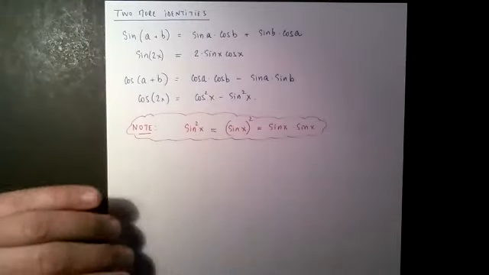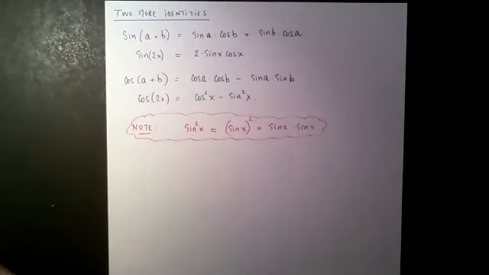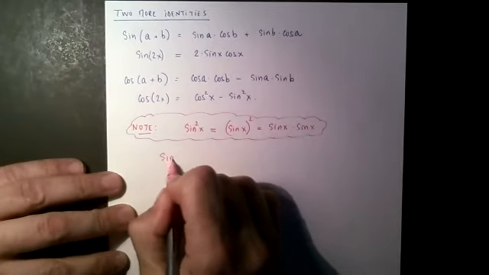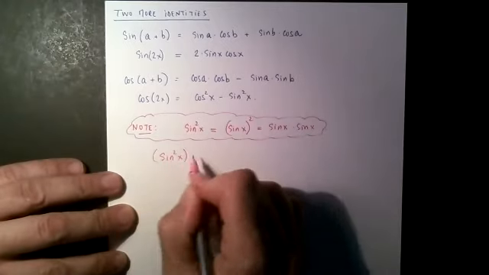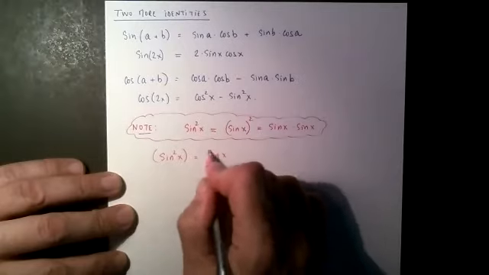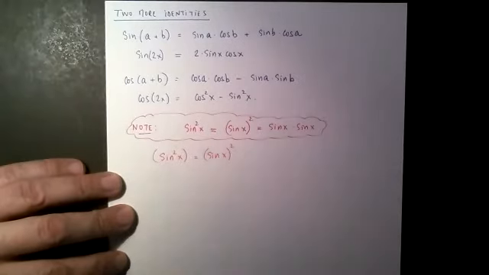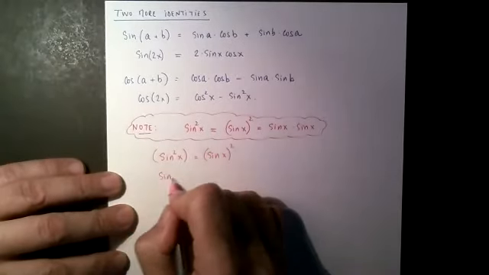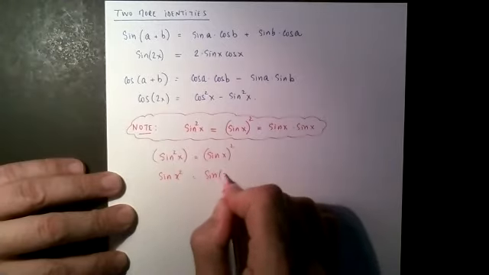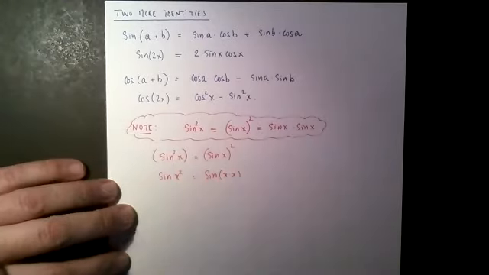Okay, so to answer your question, sine squared x is equal to sine x, squared. But sine x2 is sine of x times x. That's not the same thing.